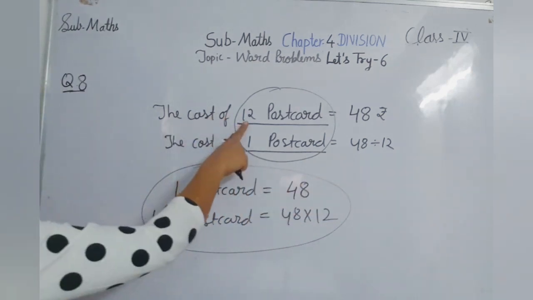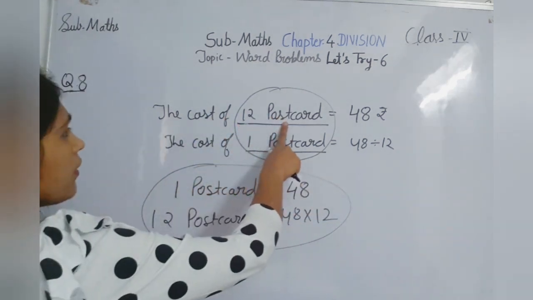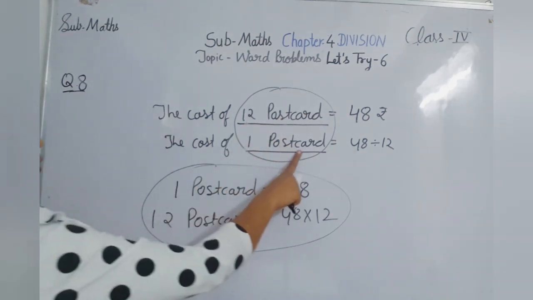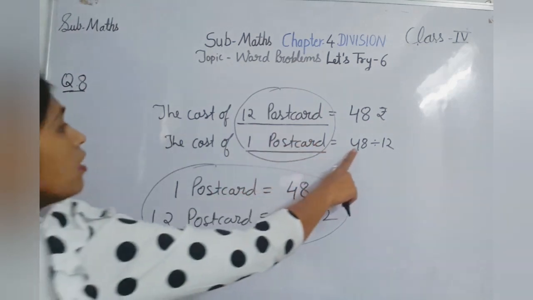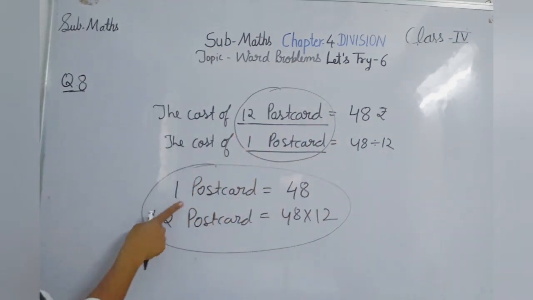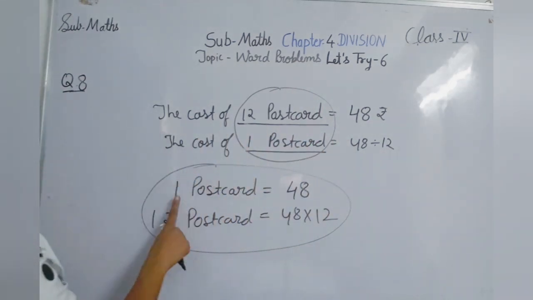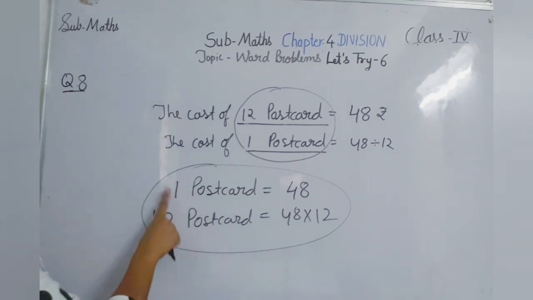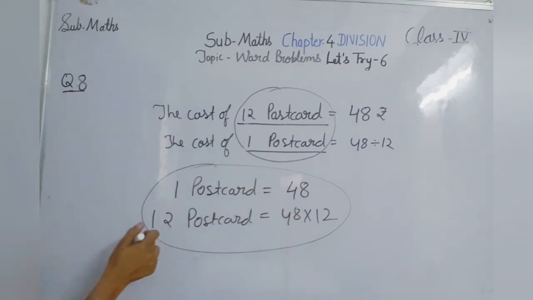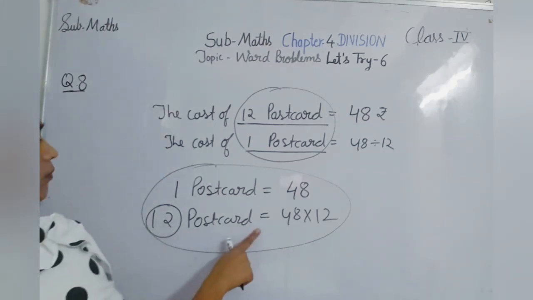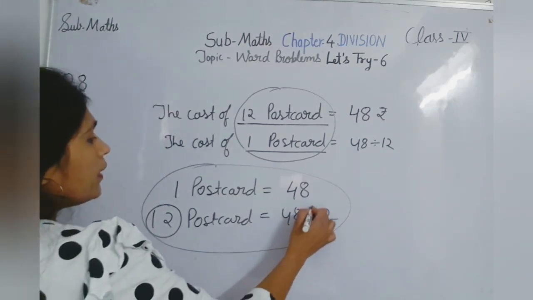Here they have given us the rate of more, 12 postcards, and they are asking for one postcard. So it means we have to do division. But here, in the opposite case, if they have given us the cost for one thing, one postcard is 48 rupees, and they are asking for more, now 12 postcards, then more means we have to do multiplication.